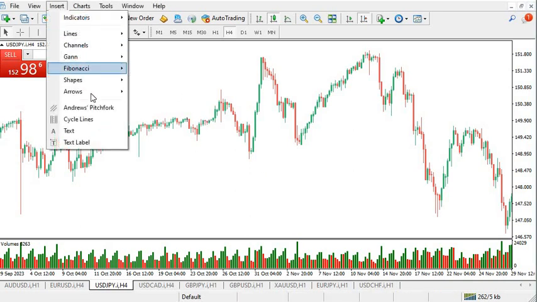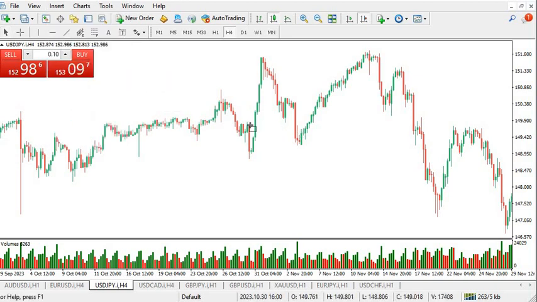So let's say this area. The bullish order block is defined as the last bearish candlestick before the up move, which breaks the market structure to the upside.